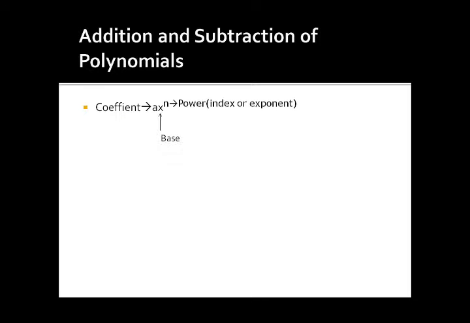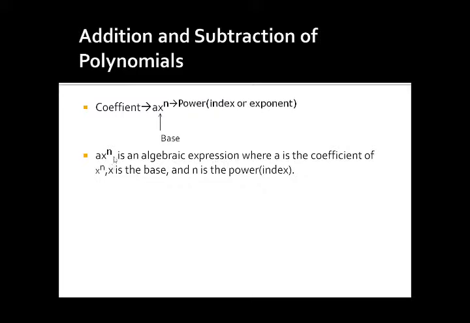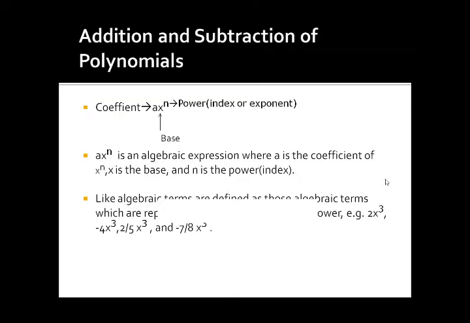So we're at addition and subtraction of polynomials. This is the coefficient, this would be the base, and this would be the power, the index or the exponent of the expressions we're going to learn. So a x to the n is an algebraic expression where a is the coefficient of x to the n, x is the base, and n is the power index.